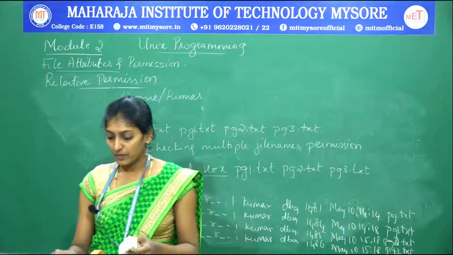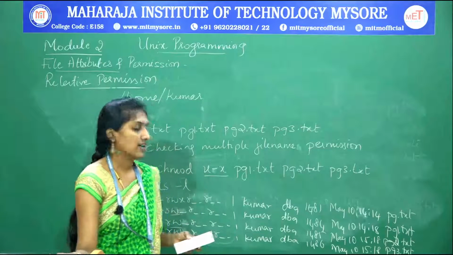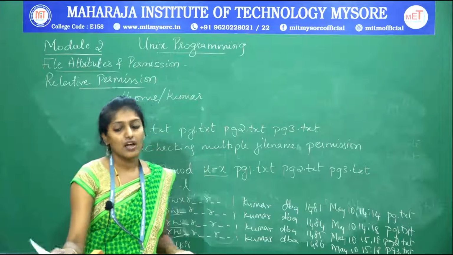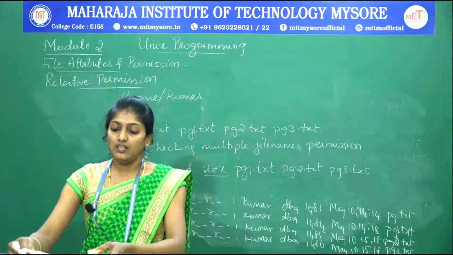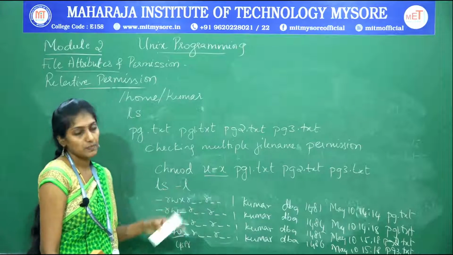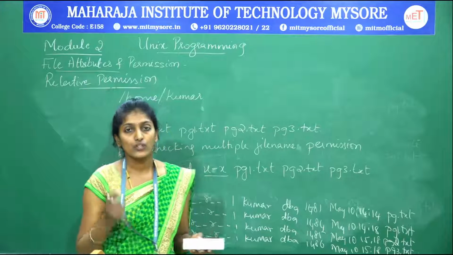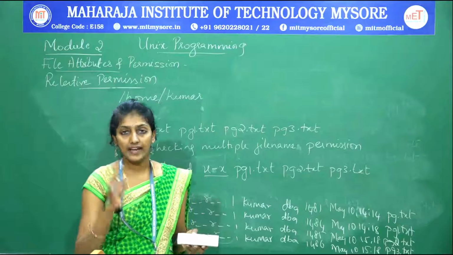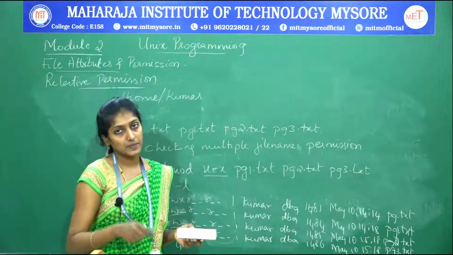To restore the original permission to the file from which you have removed it, you can assign it once again, and if you want to remove it you give minus, and to assign permission, plus. We have one more variation in this. You can access the file permission categories in a multiple expression also.